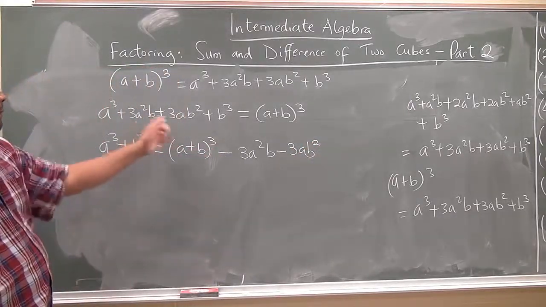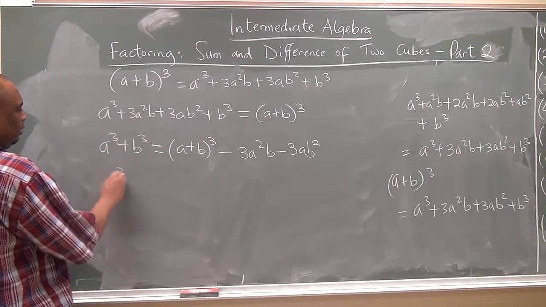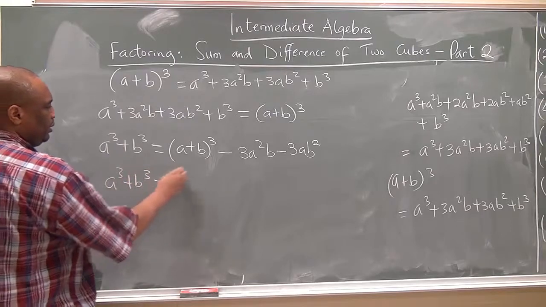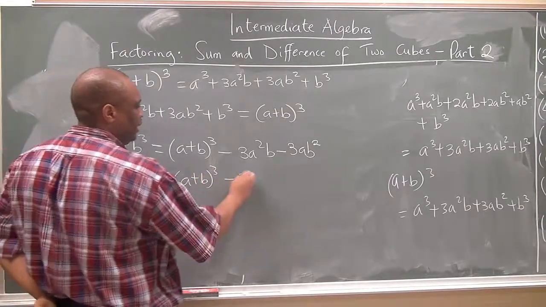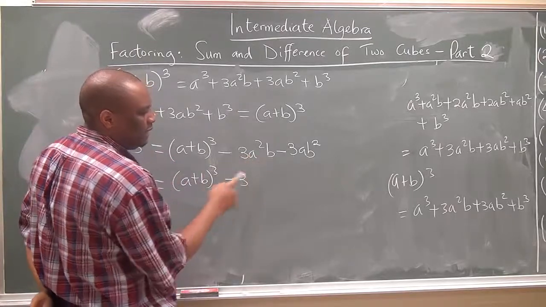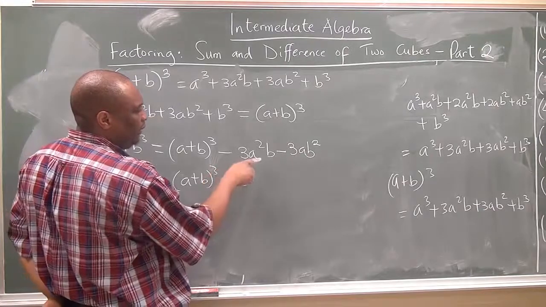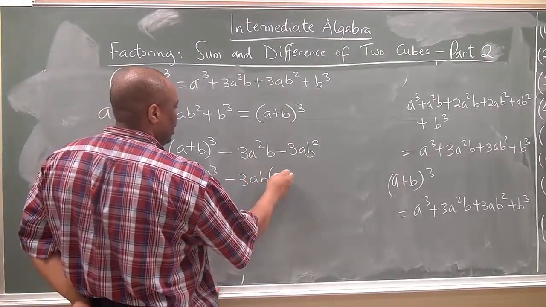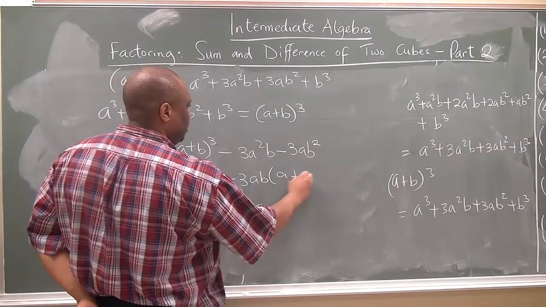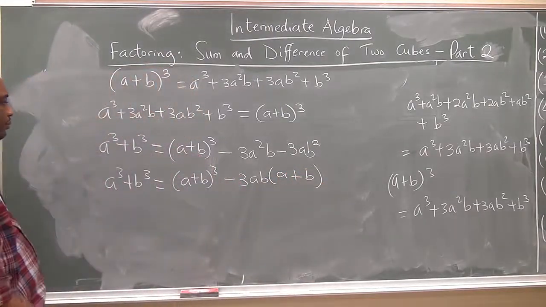Right? So this will be a cubed plus b cubed will be (a plus b) all cubed minus 3, you can factor this out by GCF. If you factor by GCF, 3ab is common, and what will remain? A plus b, right?